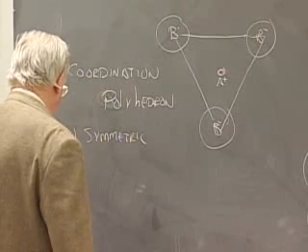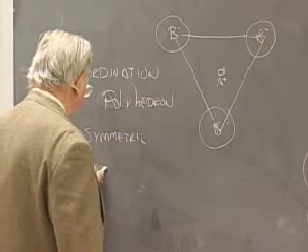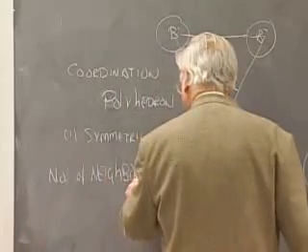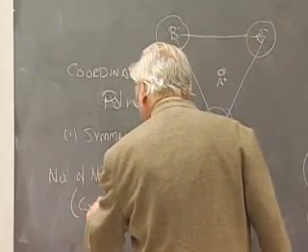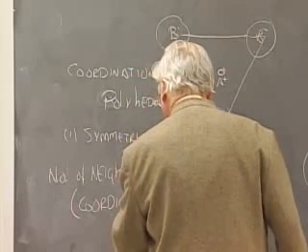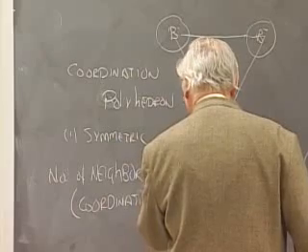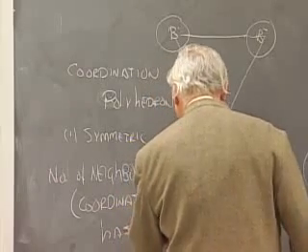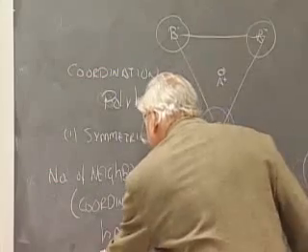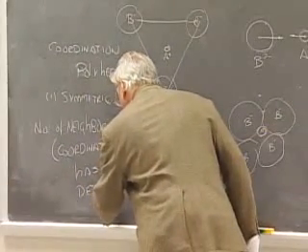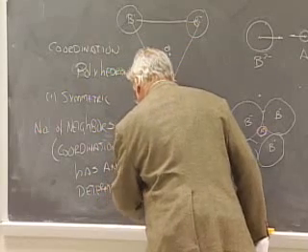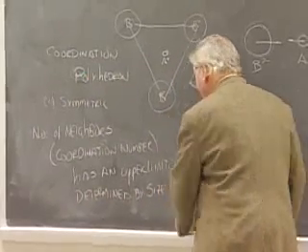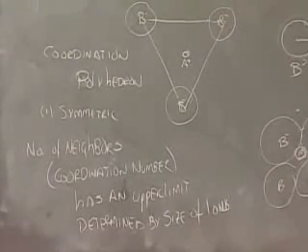And then the number of neighbors, the number of ions of one charge that are coordinating the others, that's something called the coordination number, to introduce some jargon, has an upper limit that is going to be determined by the size of the ions. So these are the two basic tenets of ionic crystal chemistry.